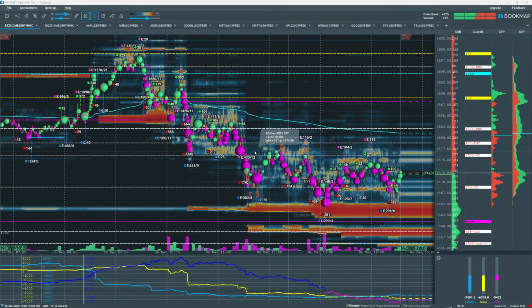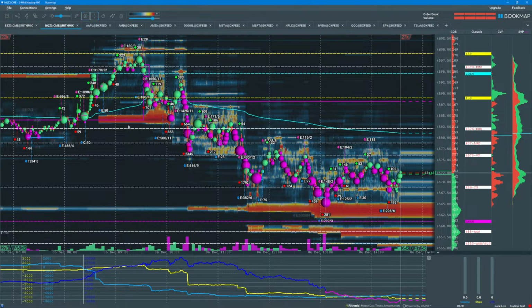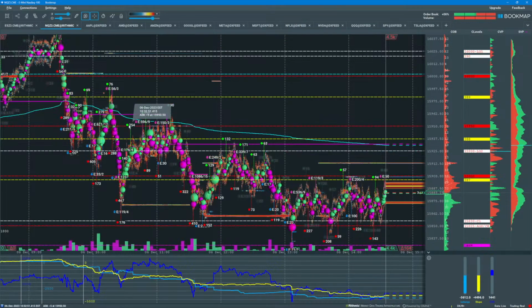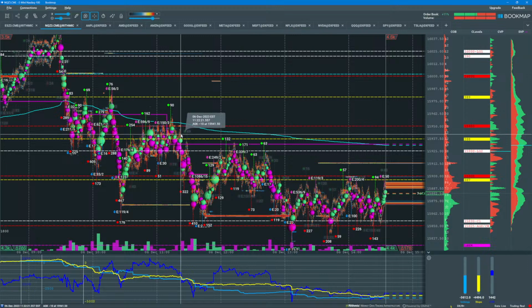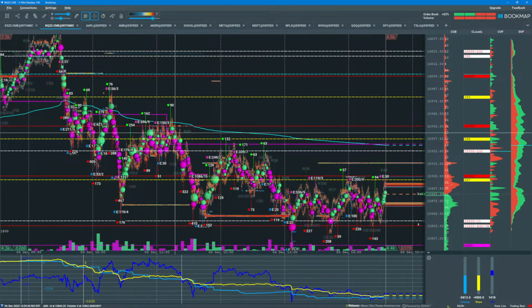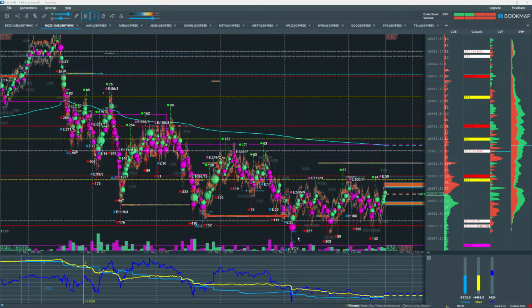In a positive gamma environment, we're not looking for large trending days. So it looks like this 15,825 may be holding as support.